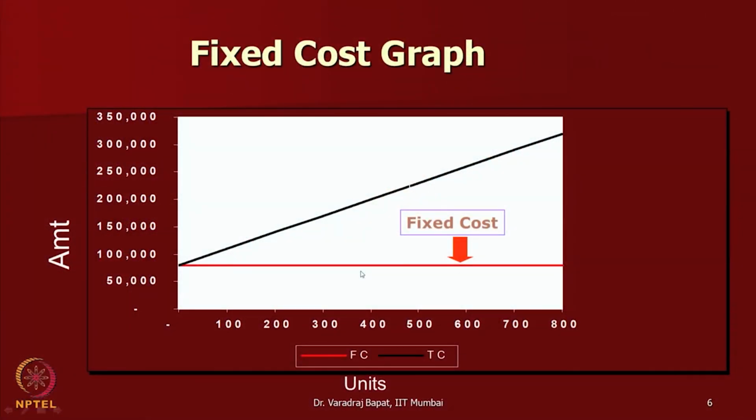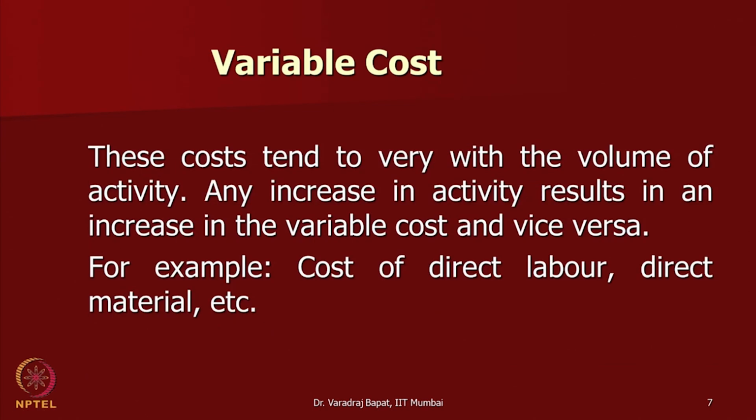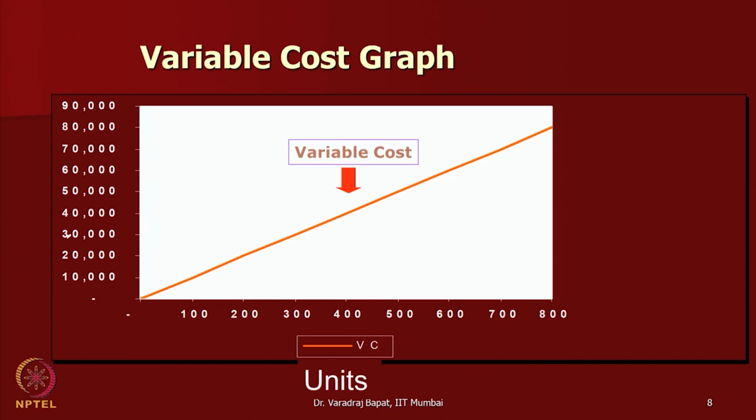I will just show you the fixed cost graph once again. Now if you want to draw a variable cost graph, how will you draw it? I think most of you are able to guess it correctly. It will start with 0, because by definition it changes with level of activity. So it will be 0 and it will go up as a straight line with number of units produced. I will just show you.